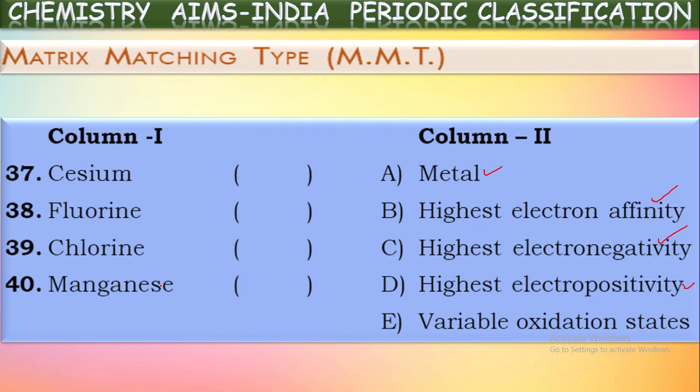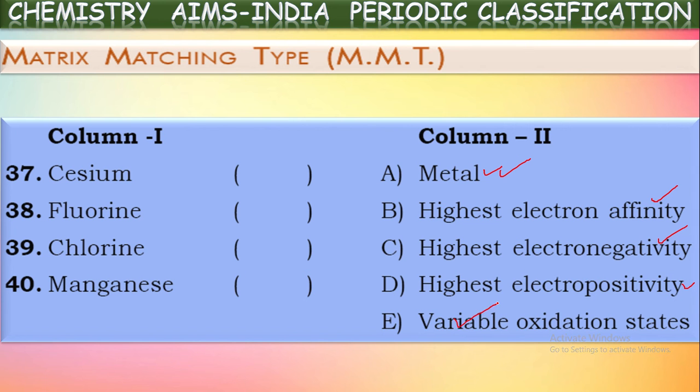Manganese is a D block metal, so it also comes under the metals group, and its property is that it can exhibit more than one valency. That we say variable valencies. Manganese can exhibit variable valencies or variable oxidation states. Different charges it expresses in different compounds. So this will come under that.